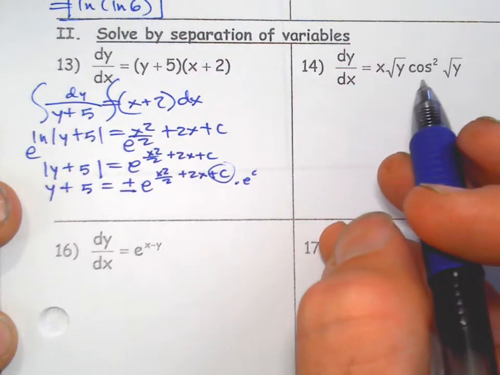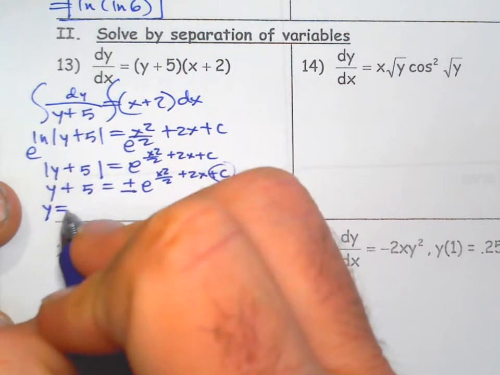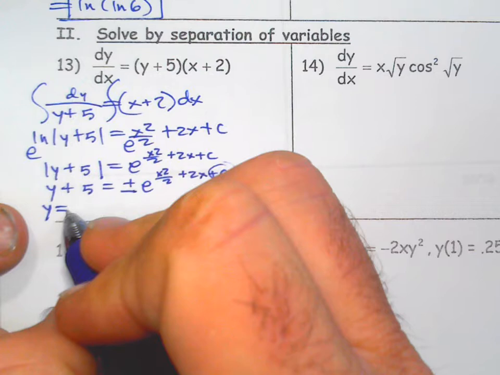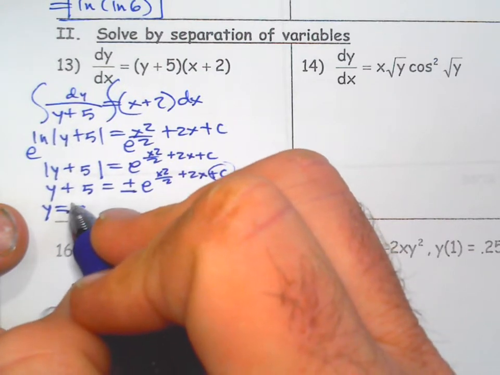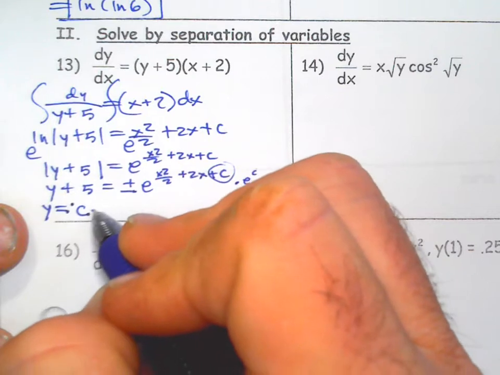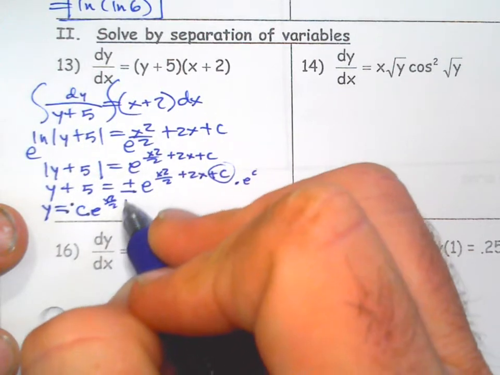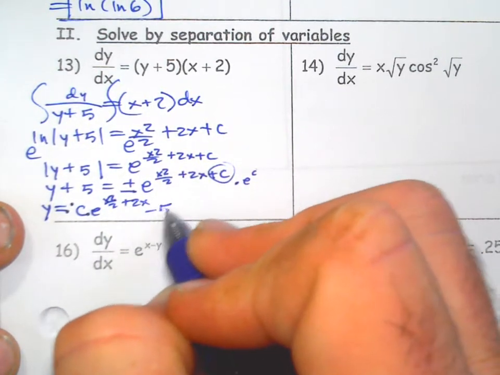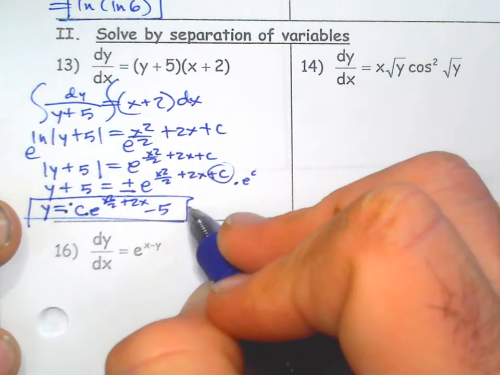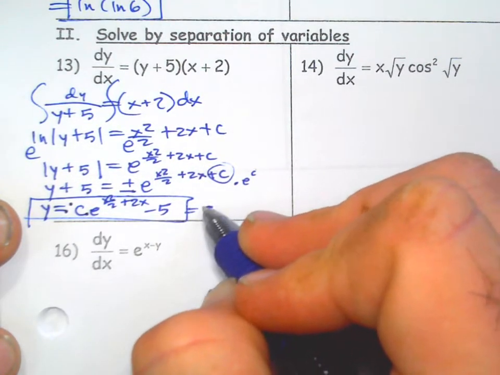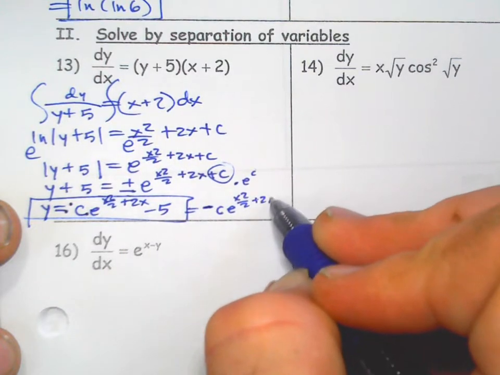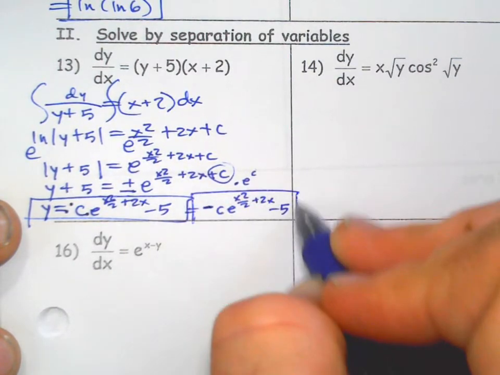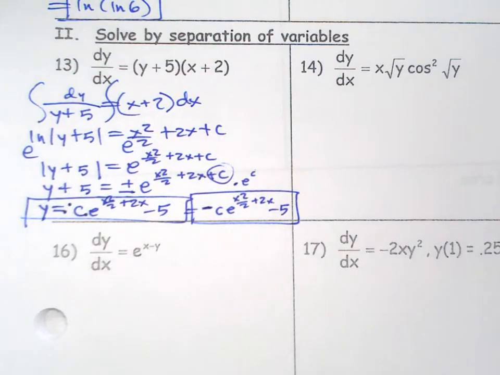And that's just going to be constant. So we're going to just put that in front. So it's going to be y equals, we call it c, c e to the x squared over 2 plus 2x minus 5. That's one answer. The other answer is negative c e to the x squared over 2 plus 2x minus 5. Plus or minus. Does that jog any memories?